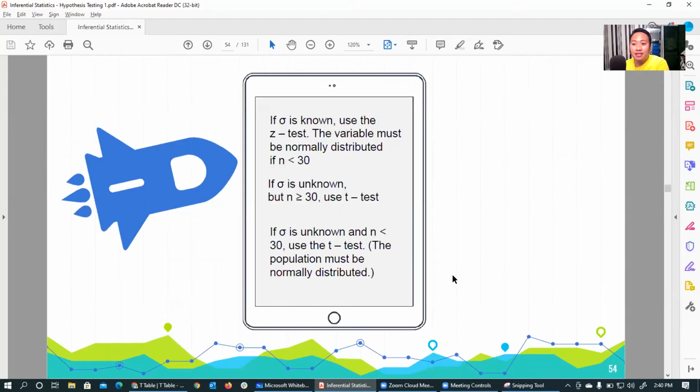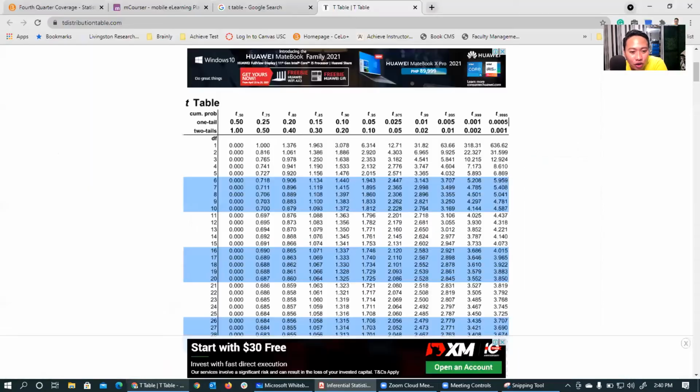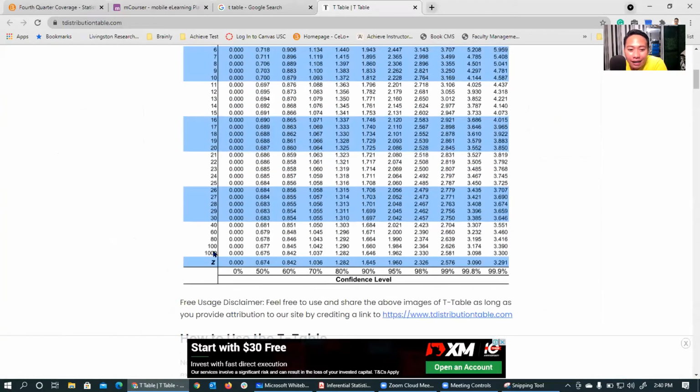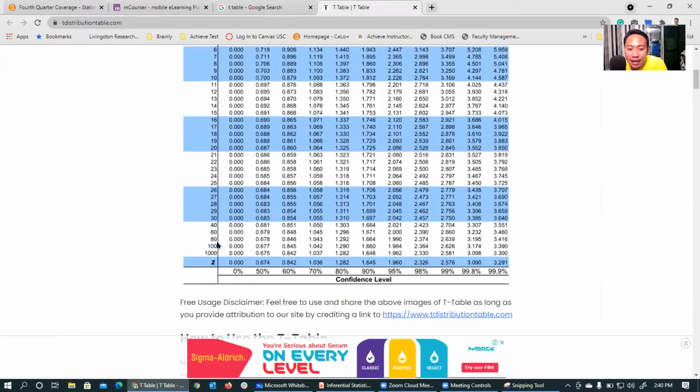But before we discuss another type of test, these are your pre-qualifications. What if the table and degrees of freedom are given? I'm going to show you this one here. If you notice, the sample sizes range from 30 to 40 to 60, 80, 100.